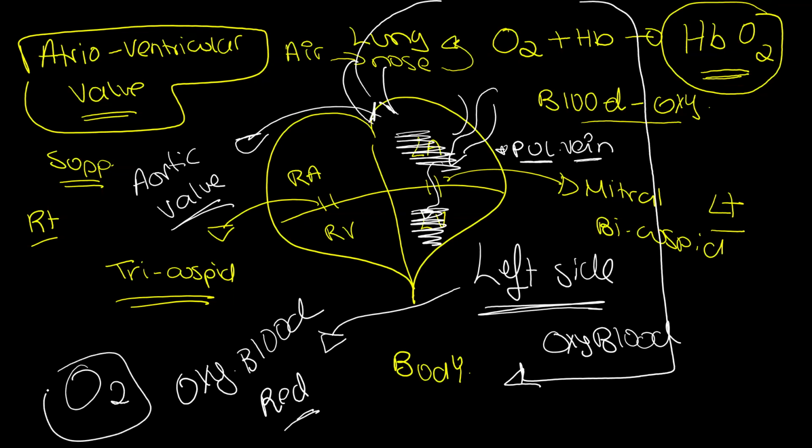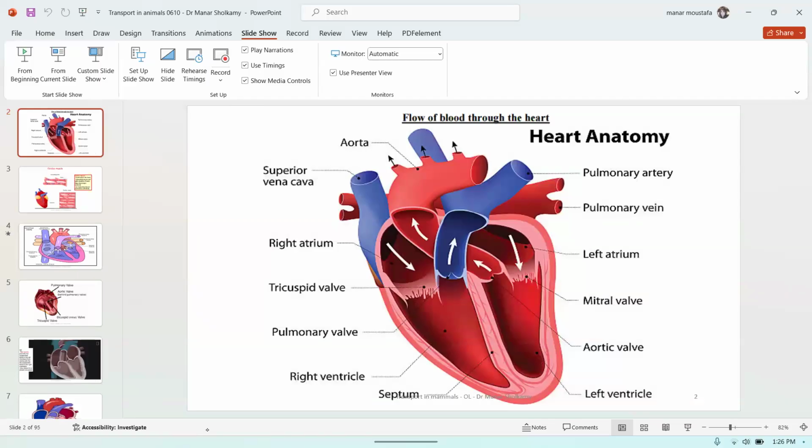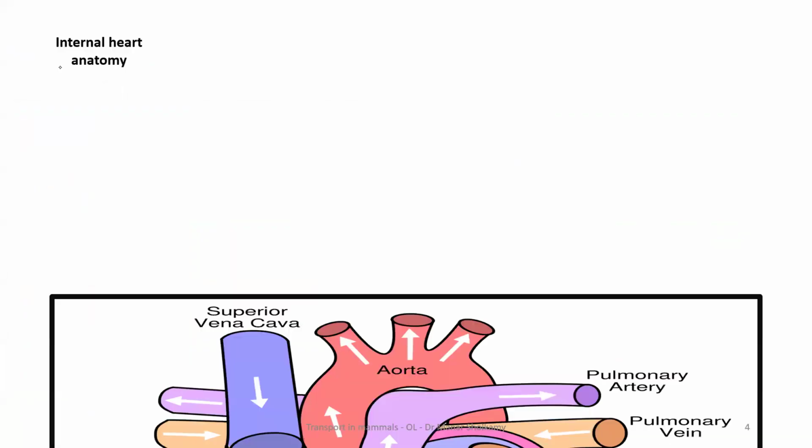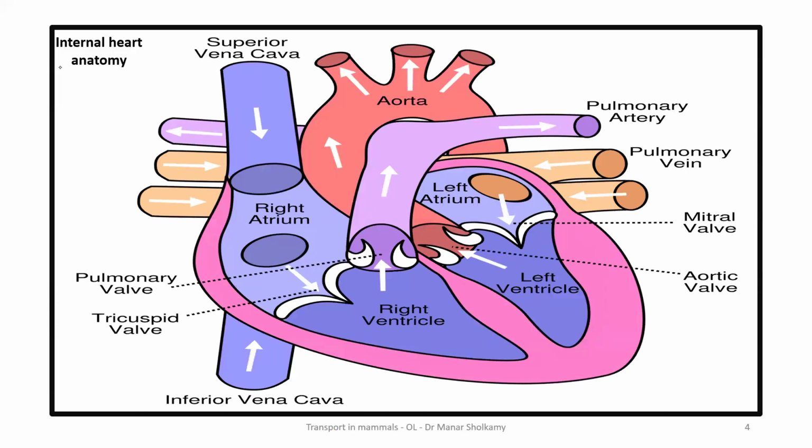So we are complete and we're done with the flow of blood on the left side of the heart. You study the flow of blood and the anatomy together because they relate to each other. Who has any questions about the flow of blood in the left side of the heart? Okay, as long as I did not receive any questions, I assume that you understand.